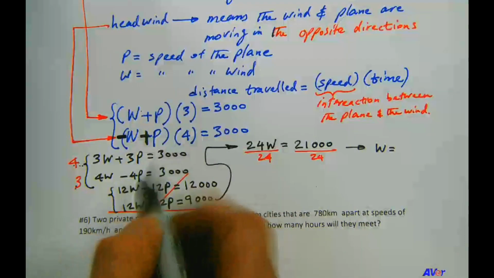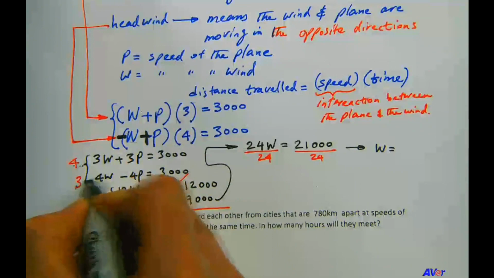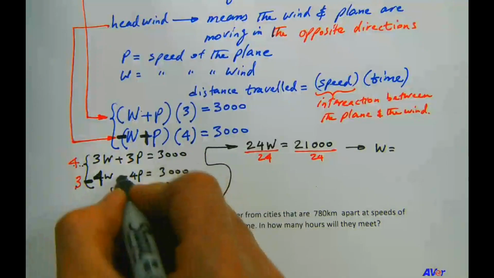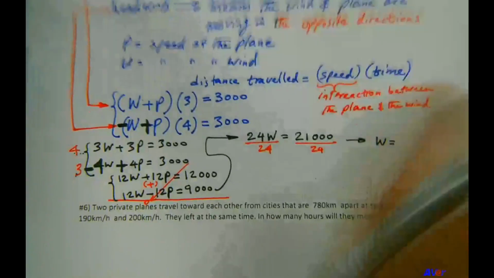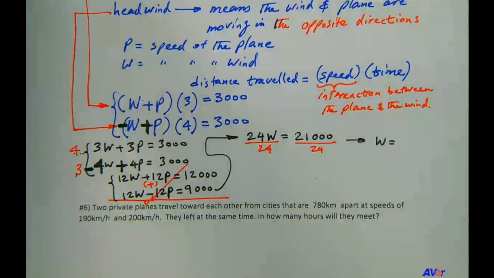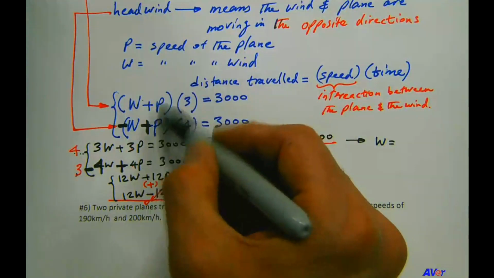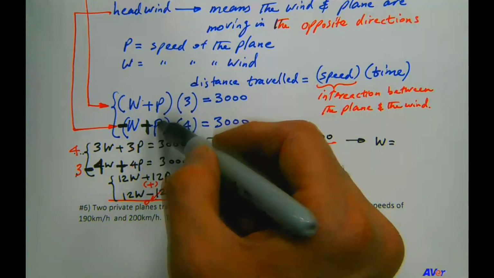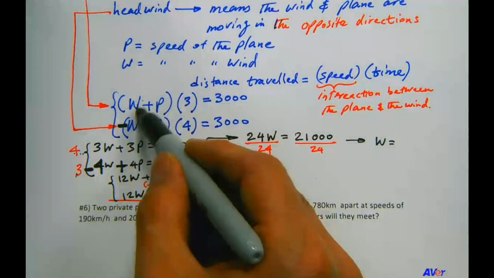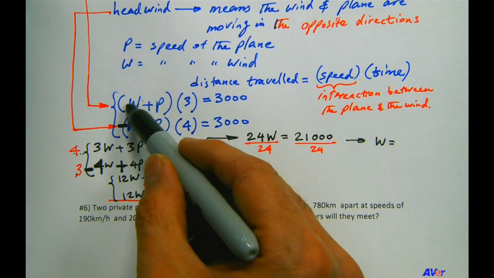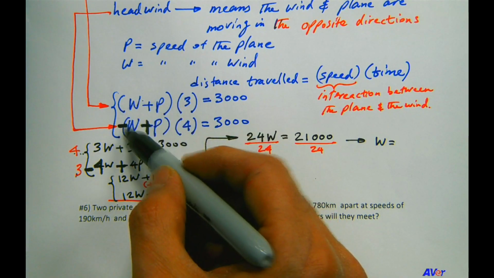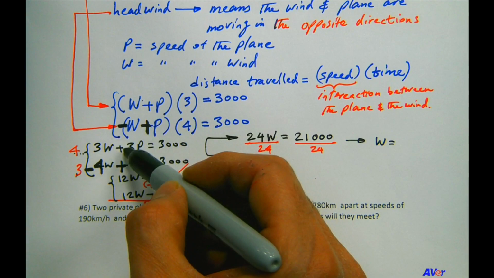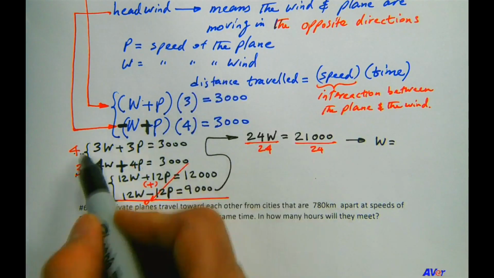The bottom equation, however, this would be minus 4W, and this would be plus 4P. So I'm adjusting these for the context of this problem, where the plane is assumed to have the same direction of movement, whereas the wind is the element that is changing direction. Positive means going in the same direction as the plane, or tailwind, and negative means that it's going against the plane, like that.